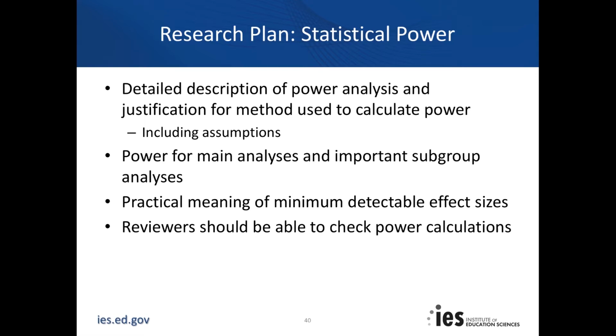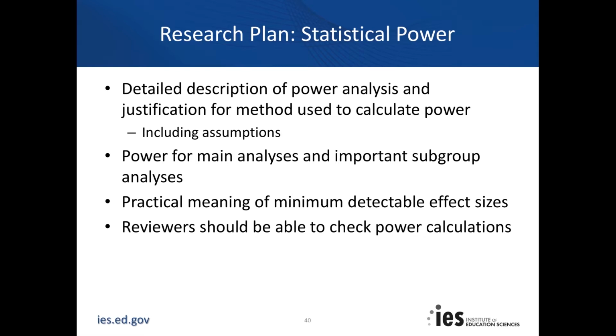You should describe the power analysis in detail because during the review, some of the reviewers will actually redo your power calculations, and they will report whether or not they could replicate them. You'll want to provide the power analysis not only for your main impact analysis, but for any confirmatory subgroup analyses as well. You'll also want to describe the practical meaning of the minimum detectable effect size you identify.